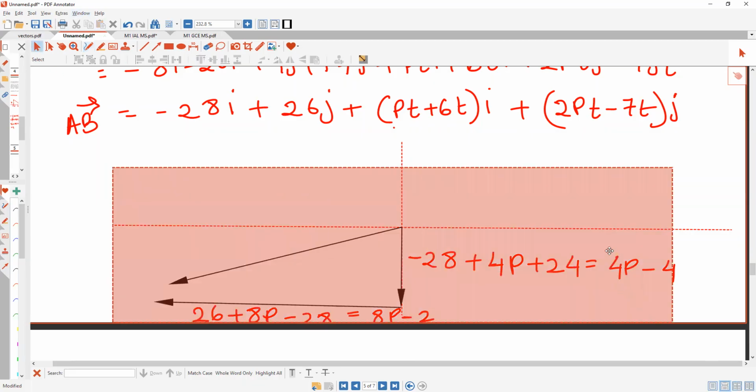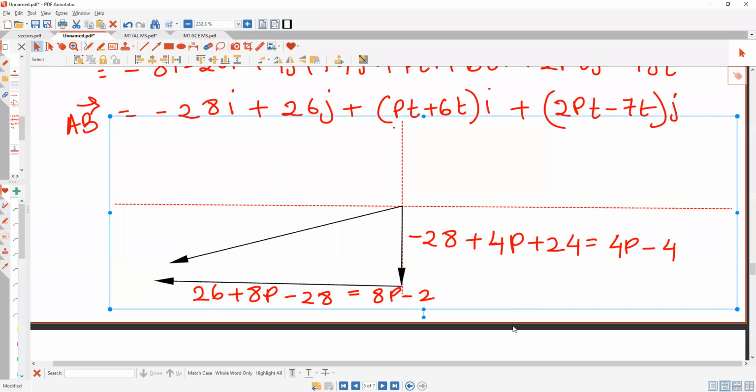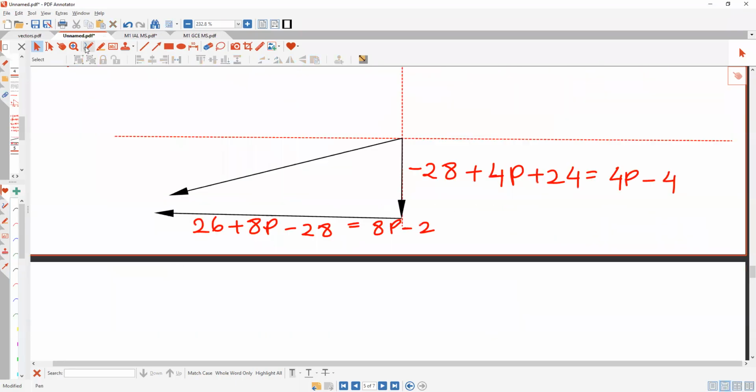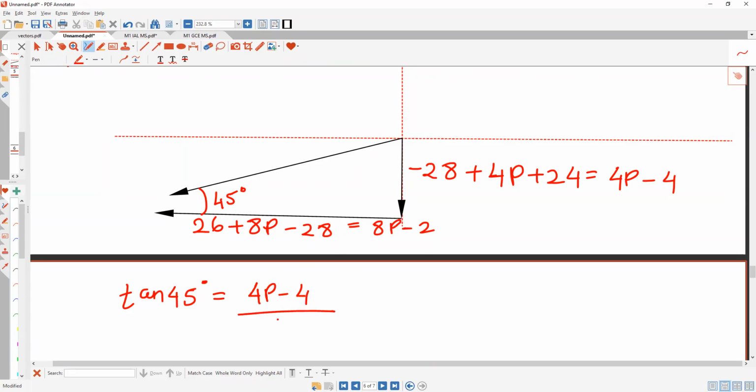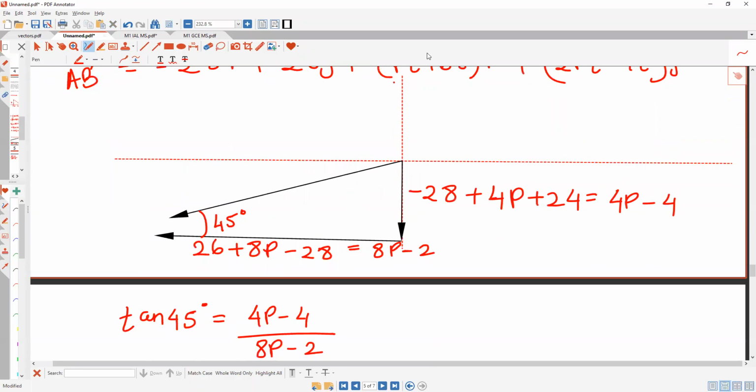Online? Anybody has any issue with it? Clear? Now we know from previous sums that we did, it's going to be 45 degrees here. So can I do tan 45 degrees is equal to opposite, that is 4P minus 4, divided by adjacent 8P minus 2. Now cross multiply, find the P value.